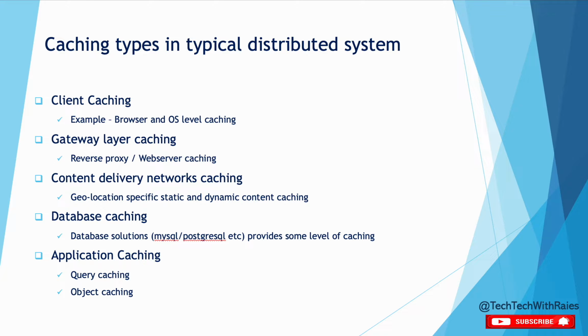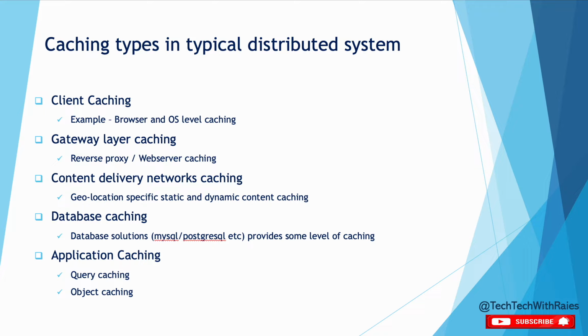In this slide, we will discuss different caching types in a typical distributed system. As we explained in the previous slide, at each layer we can perform caching for faster response time. This way we can have client side caching, gateway layer caching, content delivery network caching, database caching, and application caching. For client side caching, browser caches and client side OS level caching are some examples.